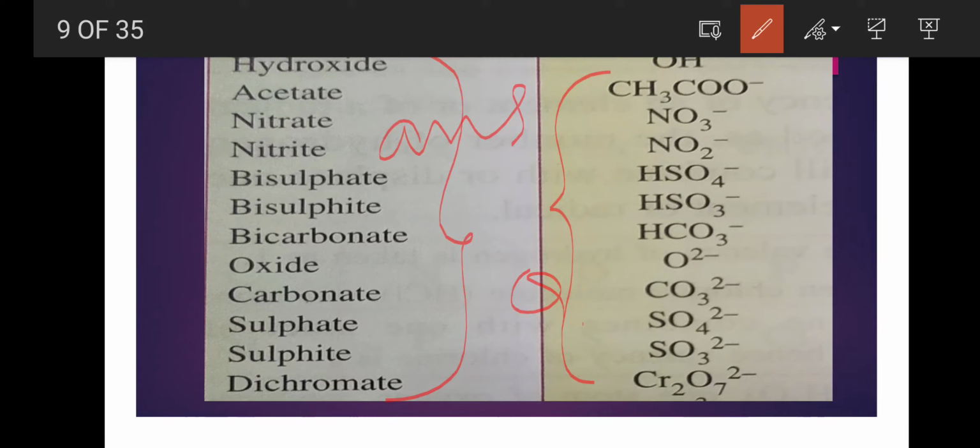SO4 2 minus? Sulfate. SO3 2 minus? Sulfite. Cr2O7 2 minus? Dichromate. Clear? So a question can come like this also, that the symbol is given and you have to write the name of the given radicals.